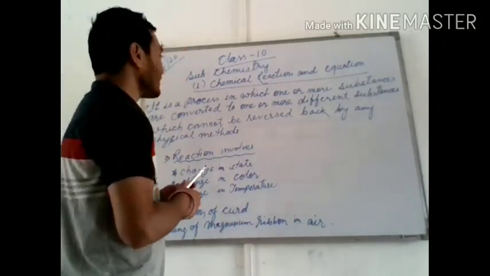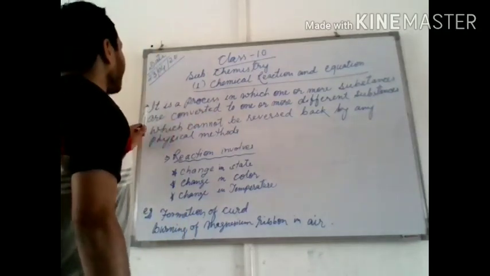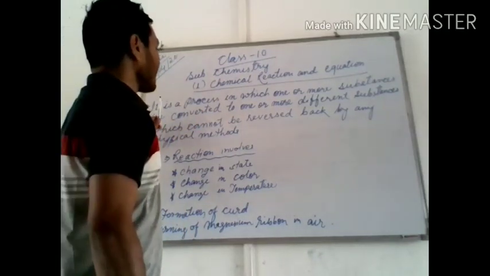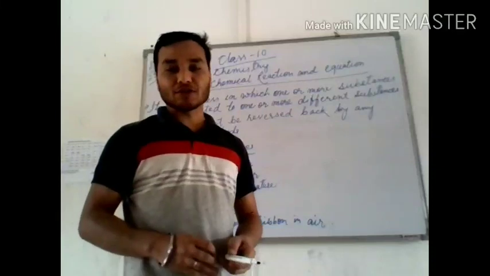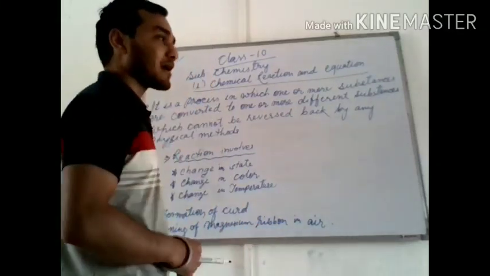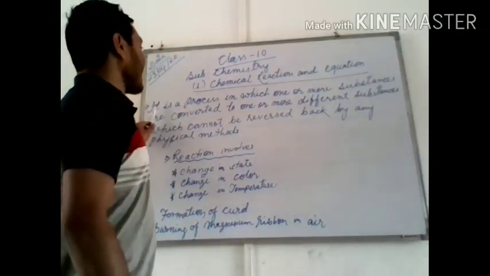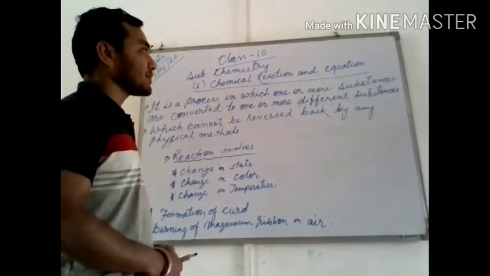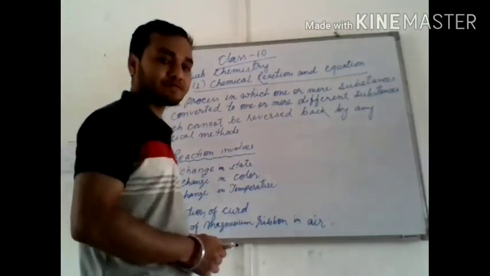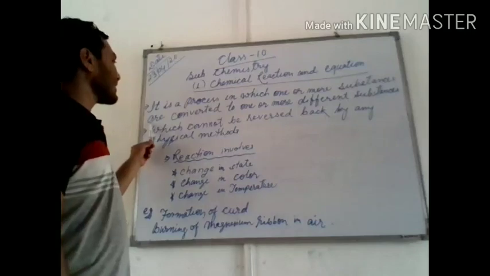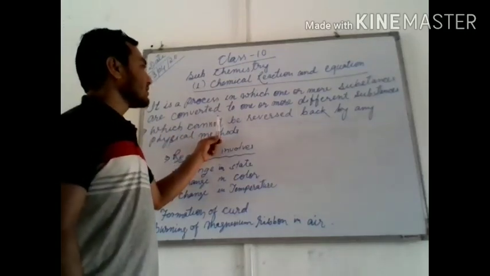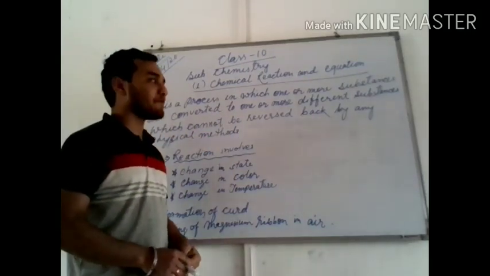You see here, what is chemical reaction? Chemical reaction is a process in which one or more substances are converted to one or more different substances.